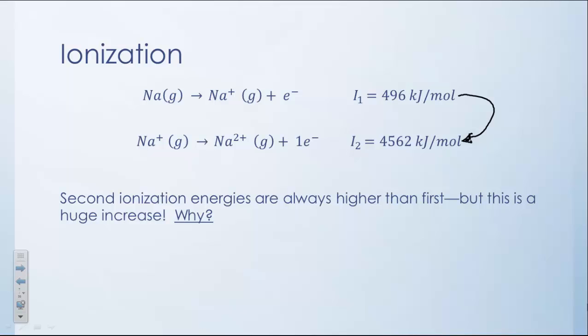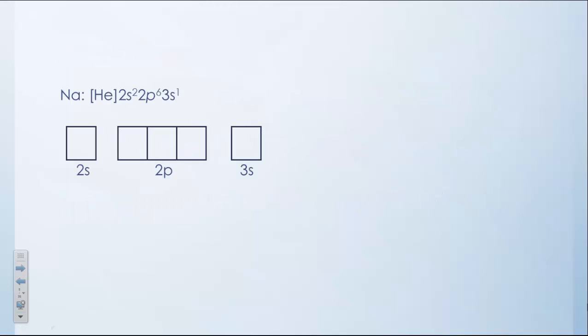Well, why is that so great? Let's remember our electron configuration, 2s2, 2p6. The only reason I'm not drawing the 1s is because they really don't factor in here. So here, keep in mind that if I remove one electron, I'm removing this 3s electron right here. So this electron is eliminated after we invest about 496 kilojoules per mole.